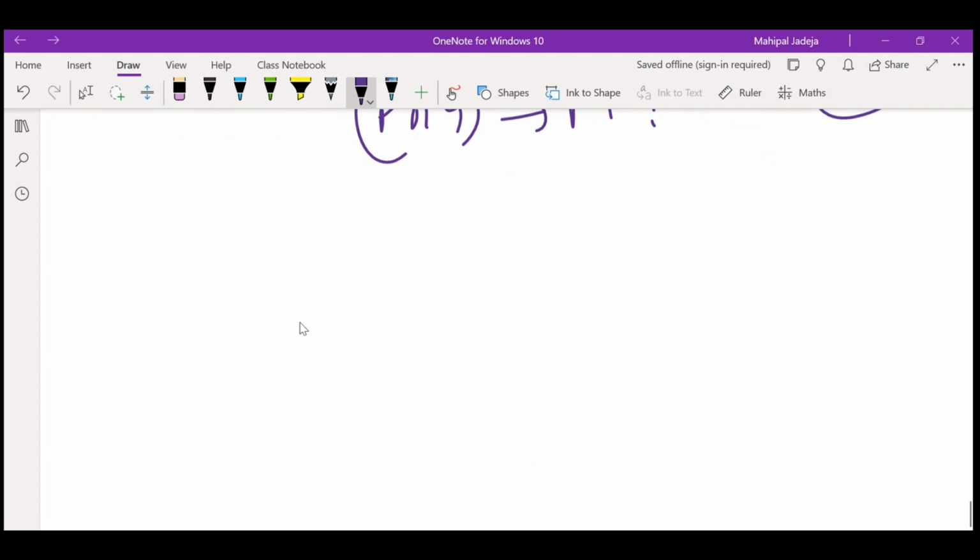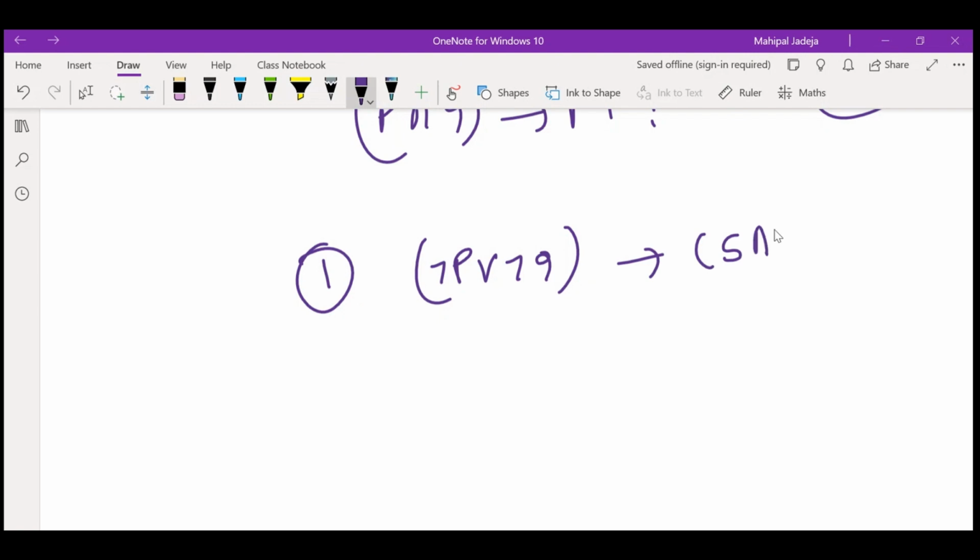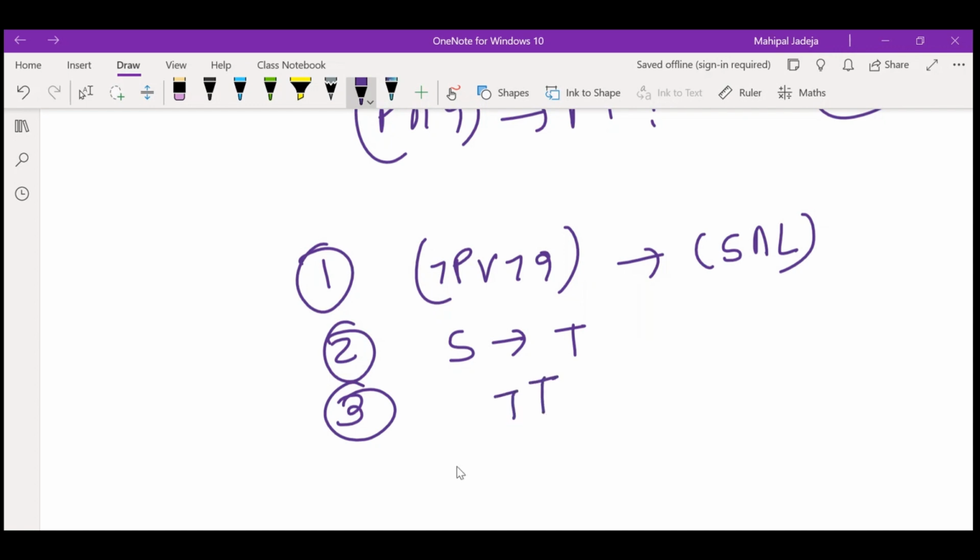So my statement 1 is like this: negation P or negation Q implies S and L. Statement 2 is like this: S implies T, one more propositional variable. Statement 3 is like this: negation T is also there, and I am concluding that if these 3 statements are given, then my statement P must be true. So this is your exercise now.